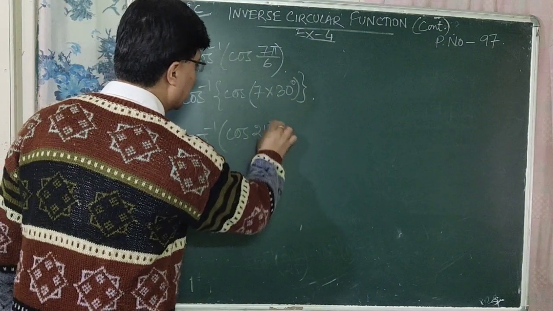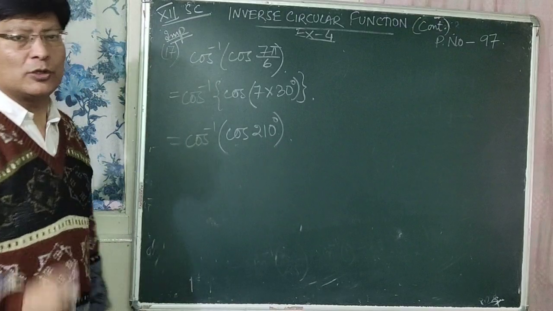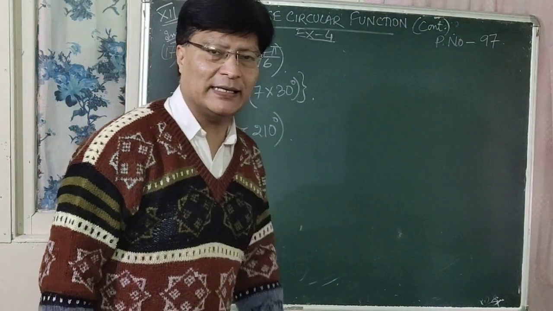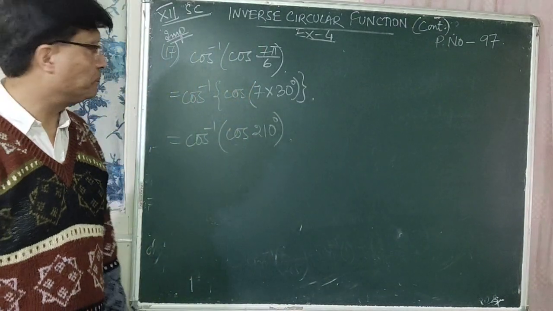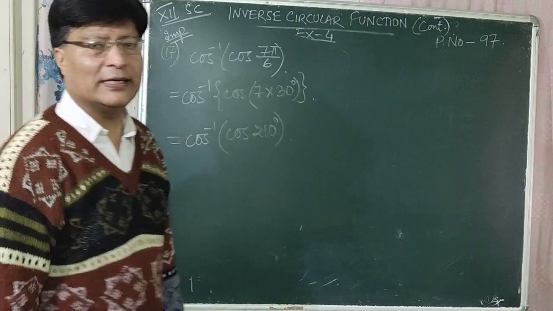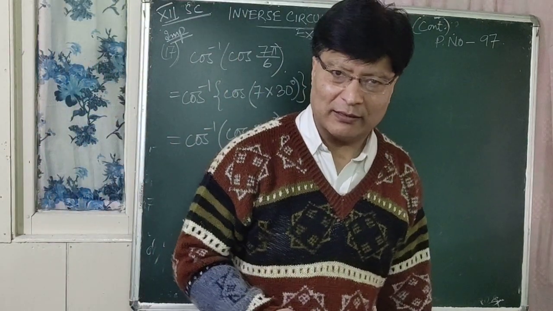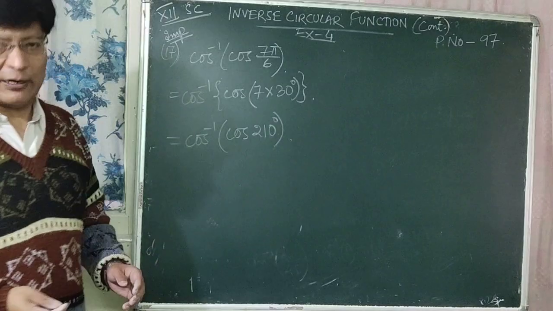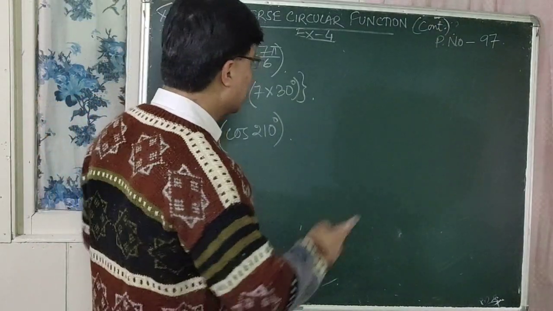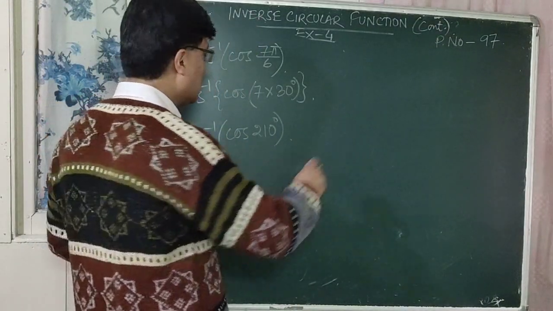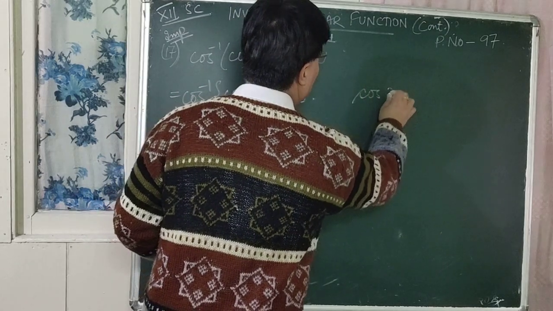You will get 210 degree. So you know that 210 degree is the standard angle. You can find out its value. Let us find out its value in the rough work. So suppose this is the rough work.